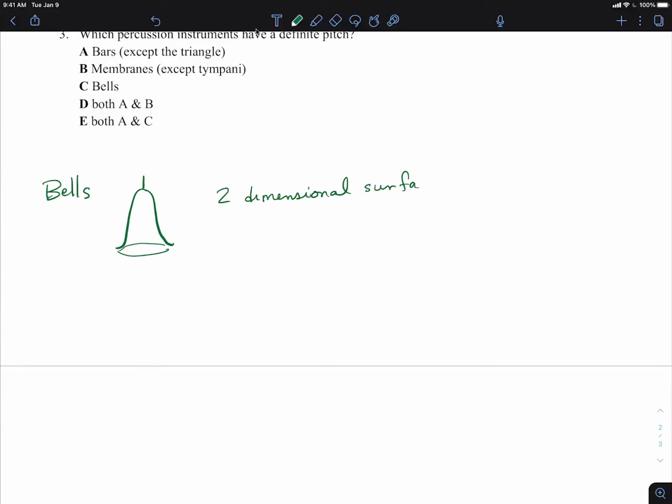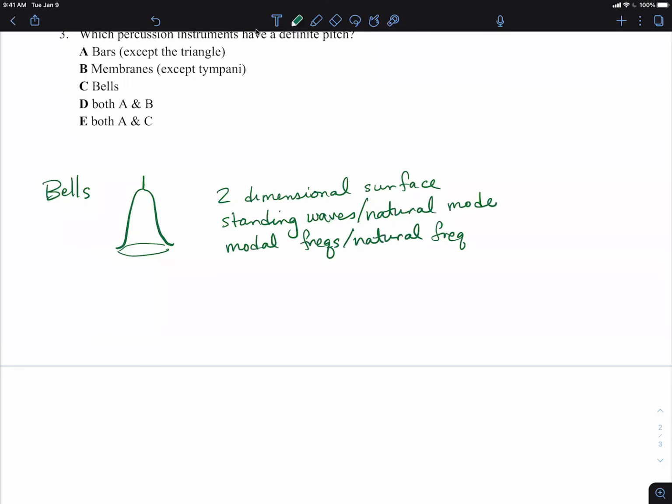And there are standing waves, natural, which is synonymous with natural mode, that have specific modal frequencies, which is synonymous with natural frequencies, which are also resonances.